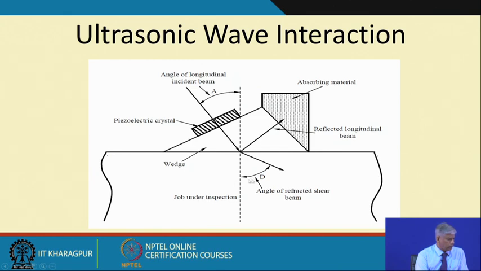On the job under inspection, it will get refracted because of the density difference, and then some will get reflected. I am not interested in this reflected beam; rather I want to see how much refraction is happening. So, I can have an ultrasonic absorbing material here. By this we can understand, and if I move this into the plane of this projection, throughout the edge of the surface I can know whether any defect has occurred.